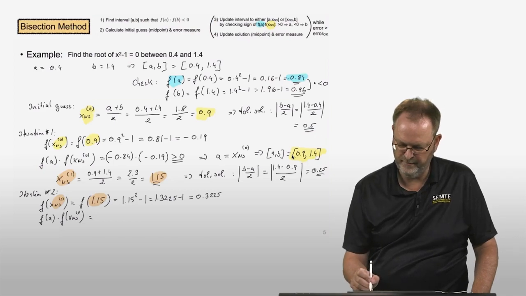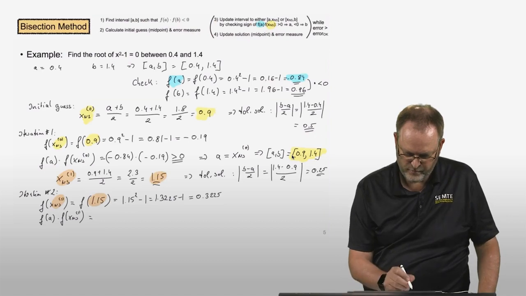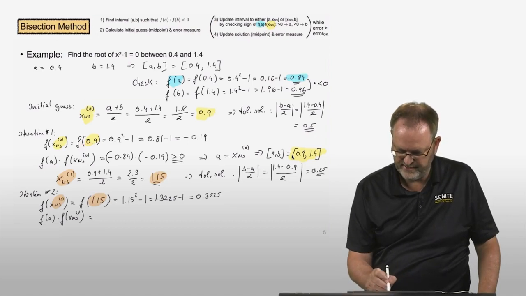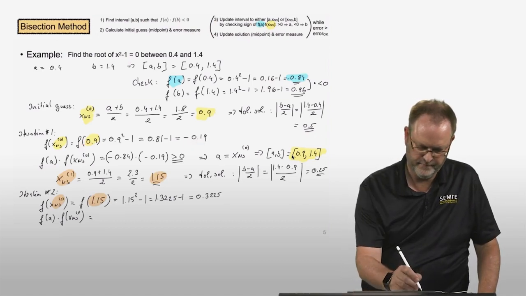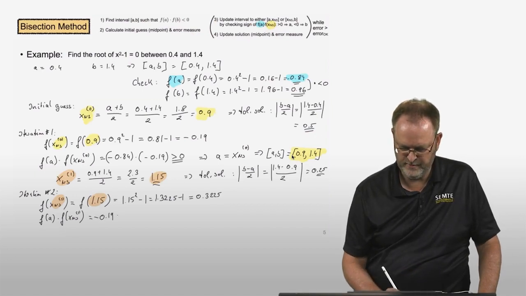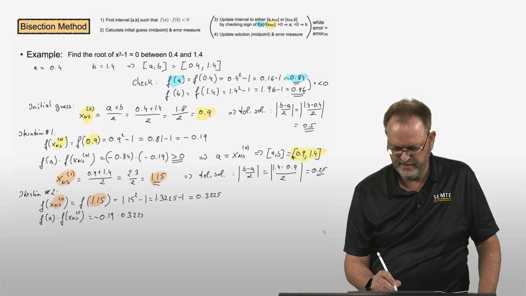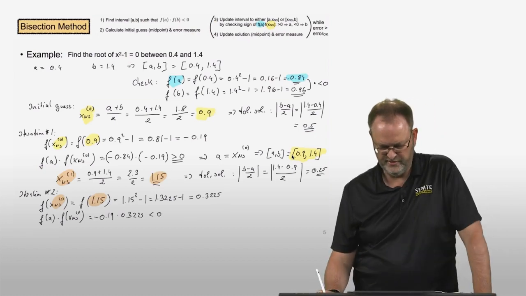My a is 0.9, and I calculated somewhere that f of 0.9 is negative 0.19. So negative 0.19 times my f of the numerical solution, 0.3225. And the result of that is smaller than 0.